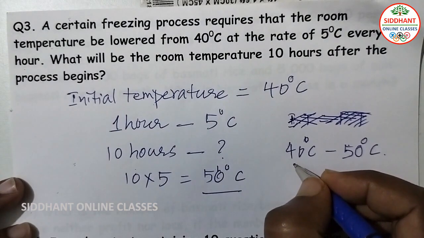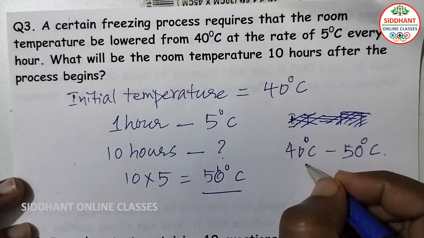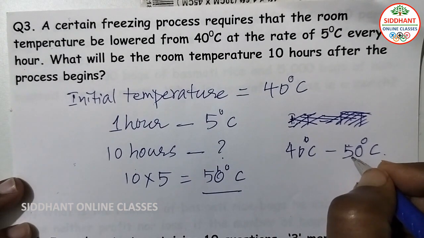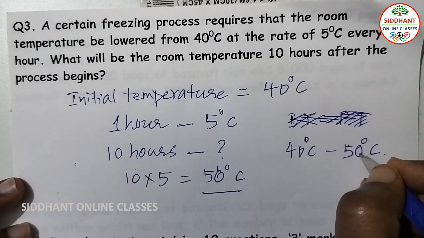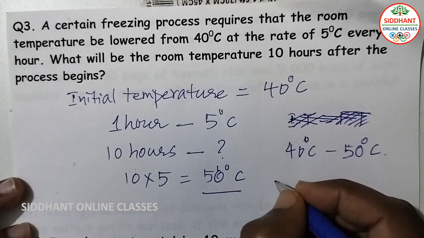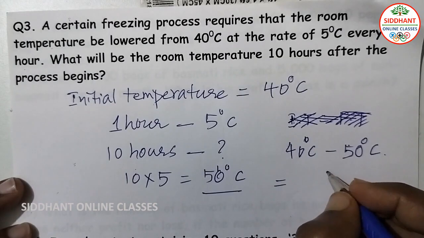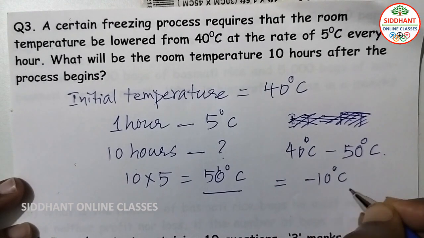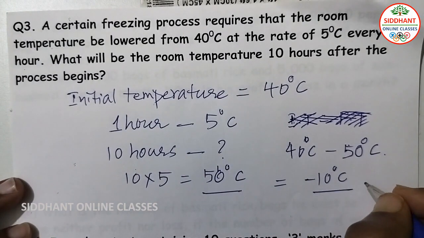So initial temperature 40 degrees Celsius minus 50 degrees Celsius, we get minus 10 degrees Celsius. This will be the room temperature after 10 hours.